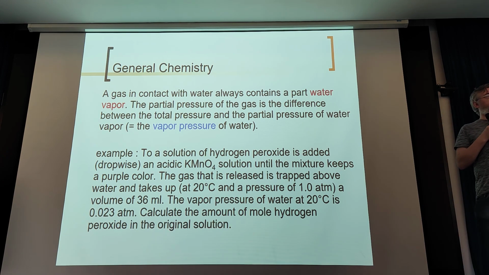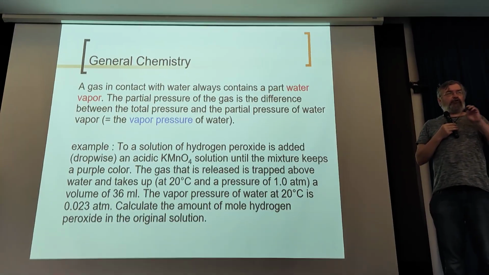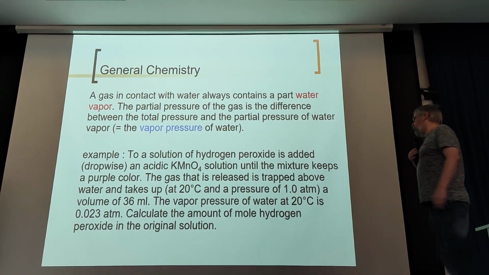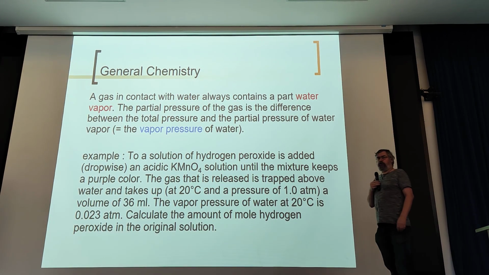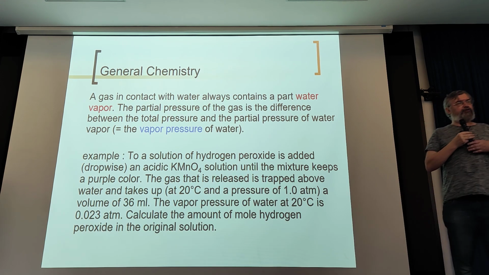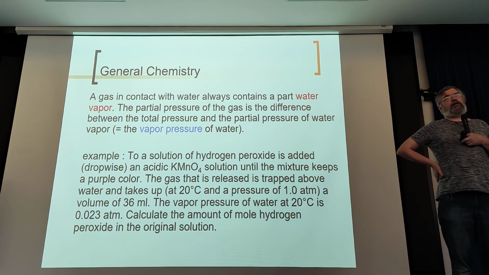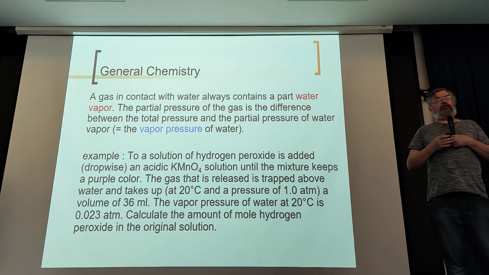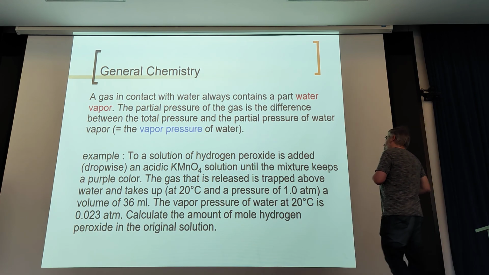That tells you that in that gas there is not only oxygen, because that's what is going to be formed, but also a little bit of water. Now we want to know how much of the hydrogen peroxide we originally started from in our solution. The first thing is, again, building the reaction equation with all of the right coefficients.